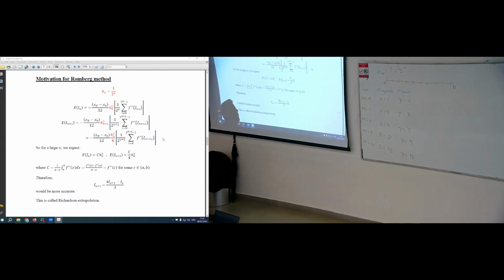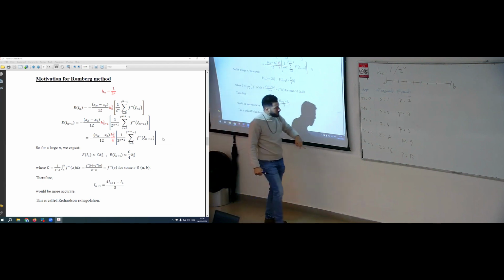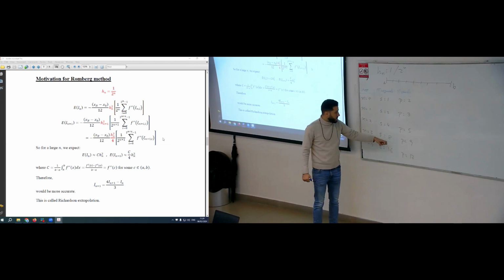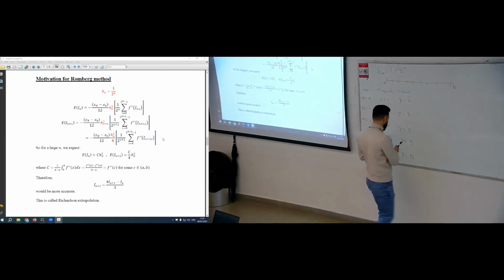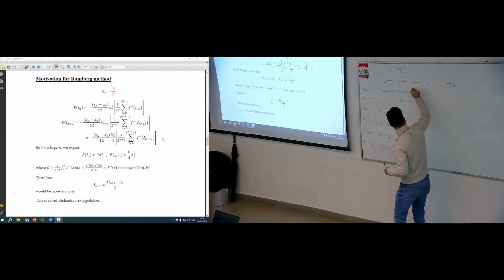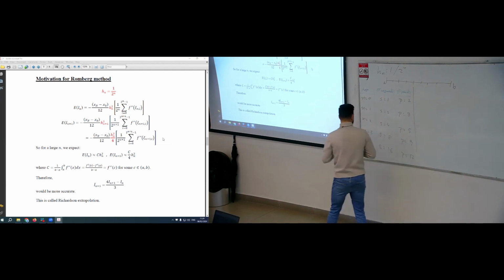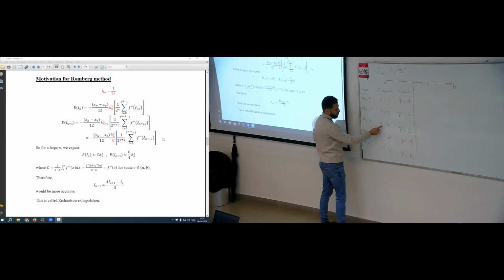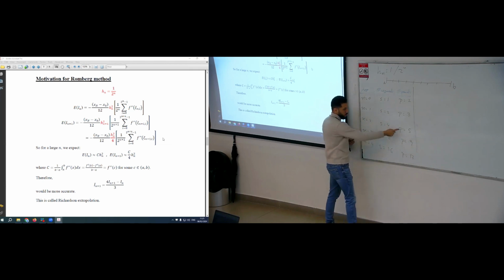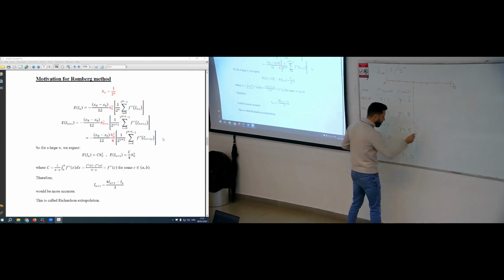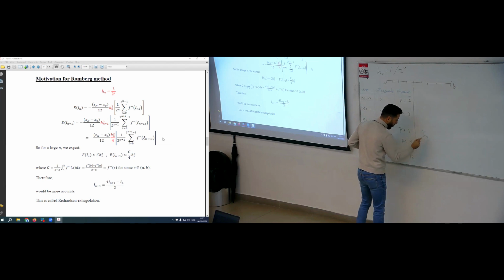Okay. So the formula says that if you find the integral at this step, so what's this integral, for example? If I use 4 segments, what's the meaning? What do I calculate? What's I4?